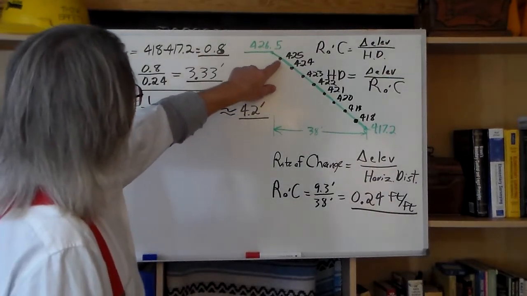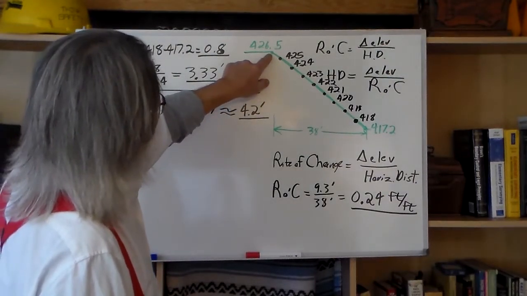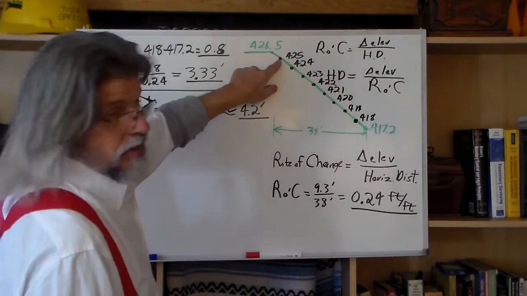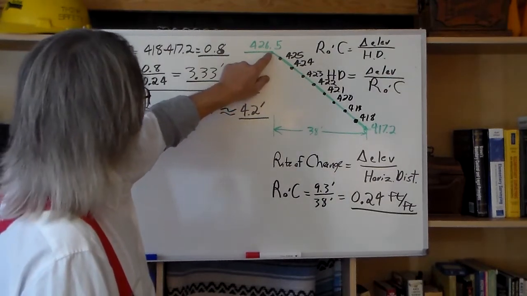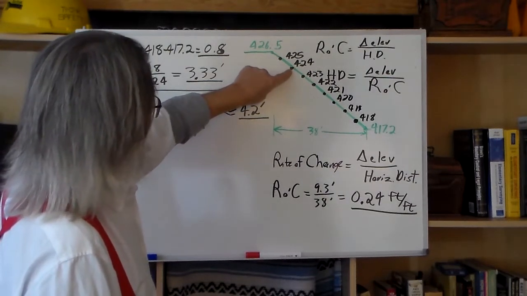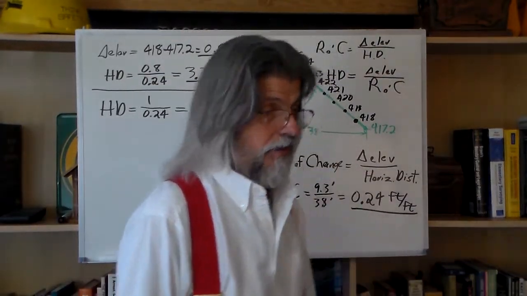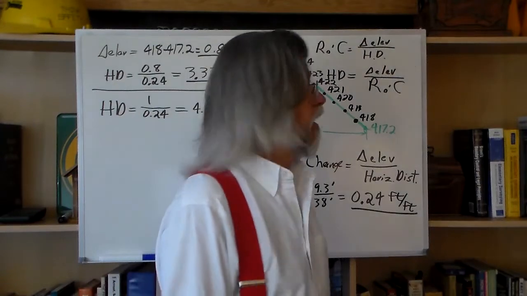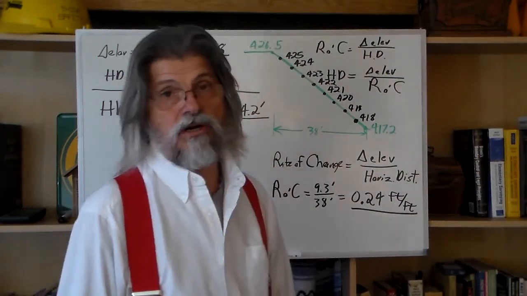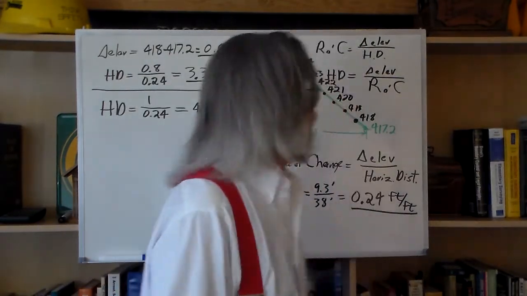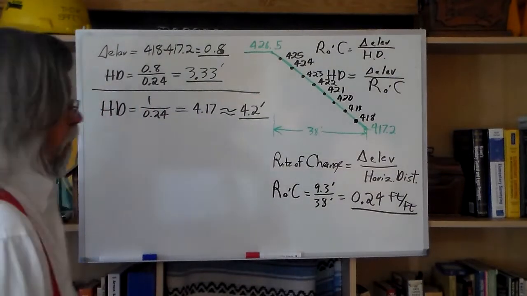I'm going up a foot here. Here I'm only going up half a foot. So theoretically, the distance from here to here should be half of that distance. I can look at it and tell it's not exactly half. It's a little bit more than half. But it's certainly close enough for our example.